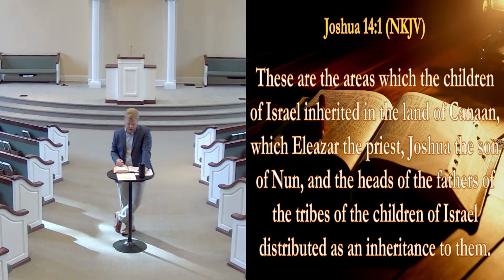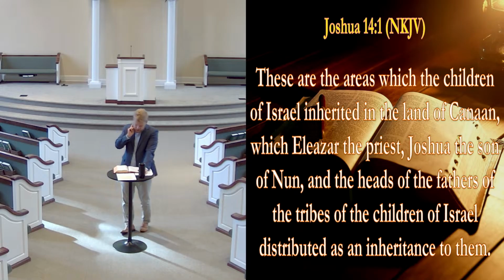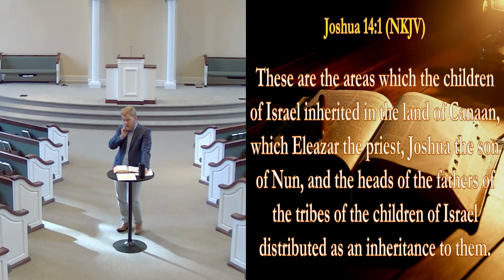And so here we have Eleazar the priest, Joshua the son of Nun, or just Joshua, and the heads of the fathers, so the heads of each tribe. These are the heads of each tribe. And so the 12 tribes are being represented here, and they're going to divide the land.